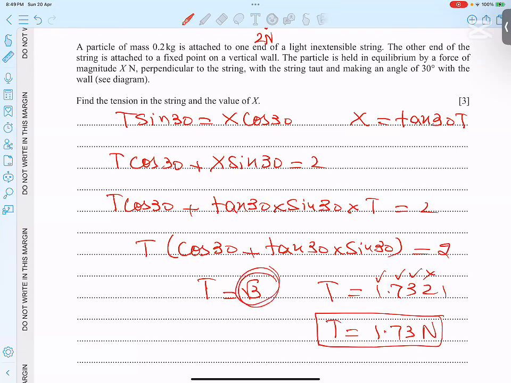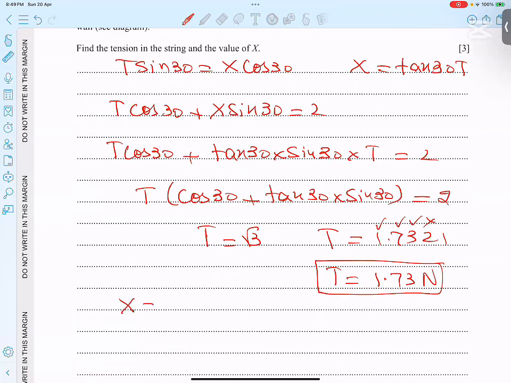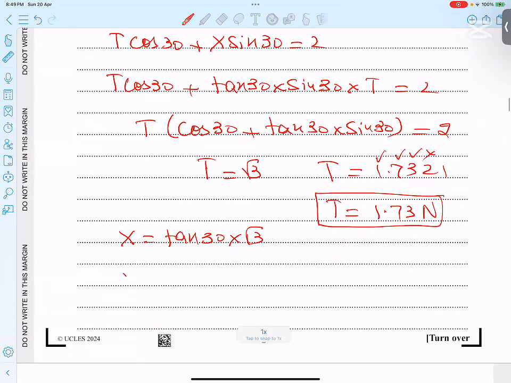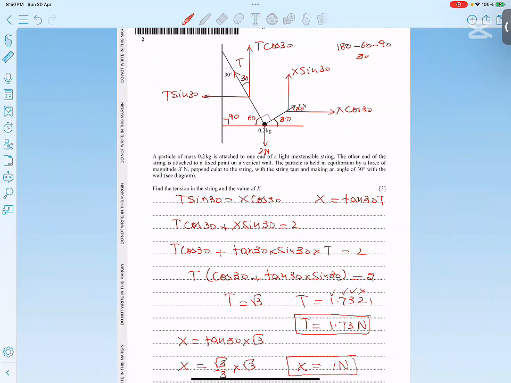Exact value is √3. If I plug in this value here, I will get X. So X equals tan 30 times √3. And for your knowledge, tan 30 is √3 by 3. The 3 by 3 cancels, and I got X equal to 1 newton. So 1 newton. Alhamdulillah Rabbil Alameen. This question is also clear.